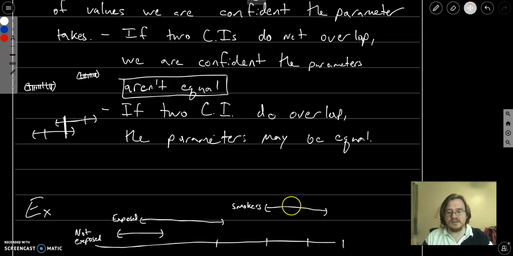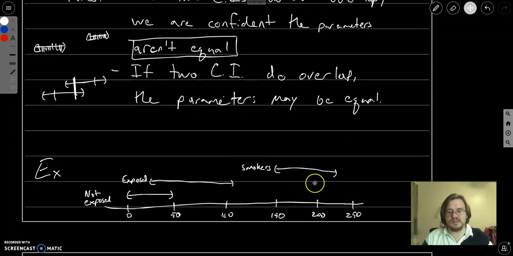So to really illustrate this, there's an example in the book that looks at the presence of cotinine in smokers versus people that have been exposed to smoke from other smokers, or people that were just not exposed at all. And I think this is just the amount of cotinine in their blood.